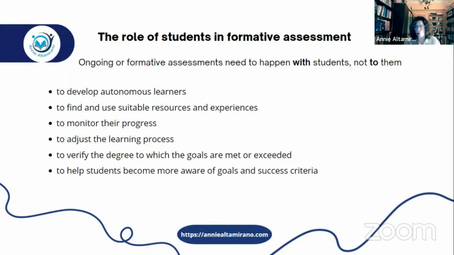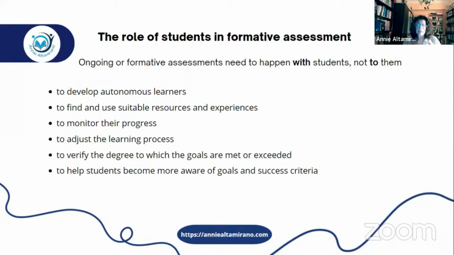The key goal for schools should be to develop autonomous learners. That is, young people who are confident and competent in identifying goals or purposes for learning. It should help find and use suitable resources and experiences that can help our students achieve those goals. It should help monitor their progress.